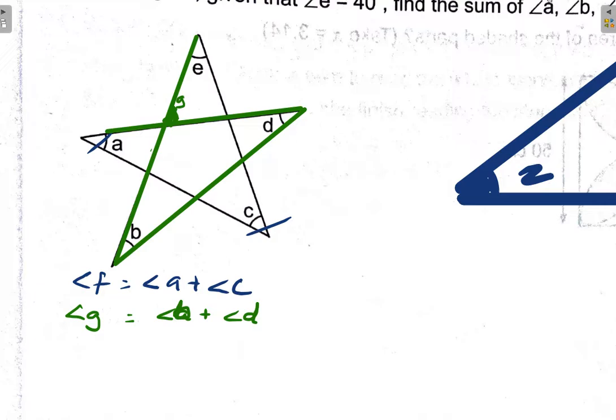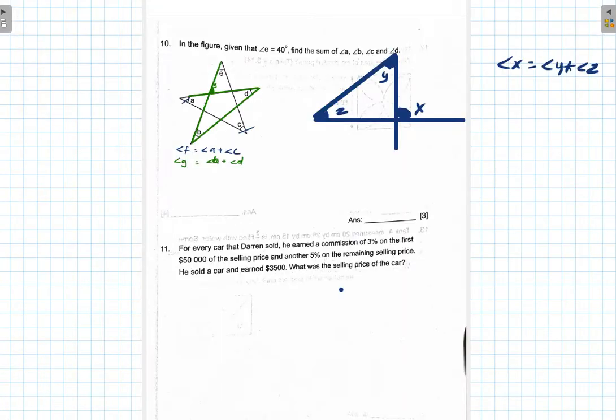So now it's asking you to find the sum of A plus B plus C plus D. So if you add this out, here's angle F, here's angle G, correct?